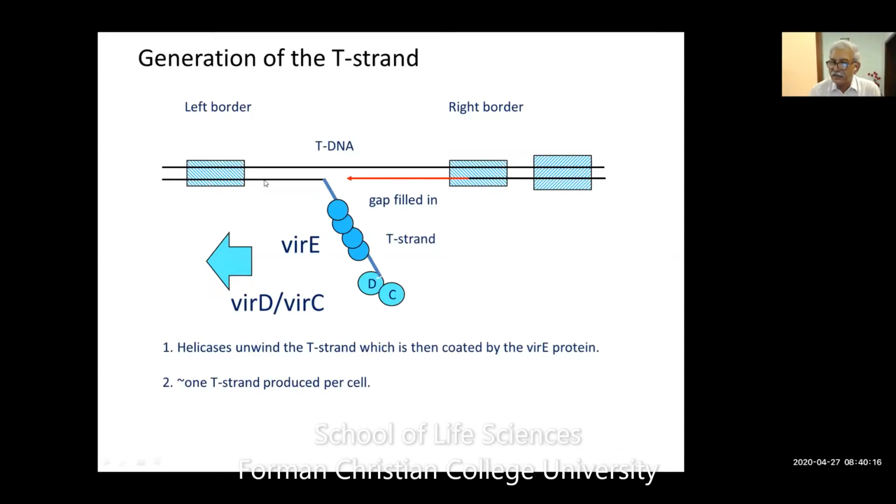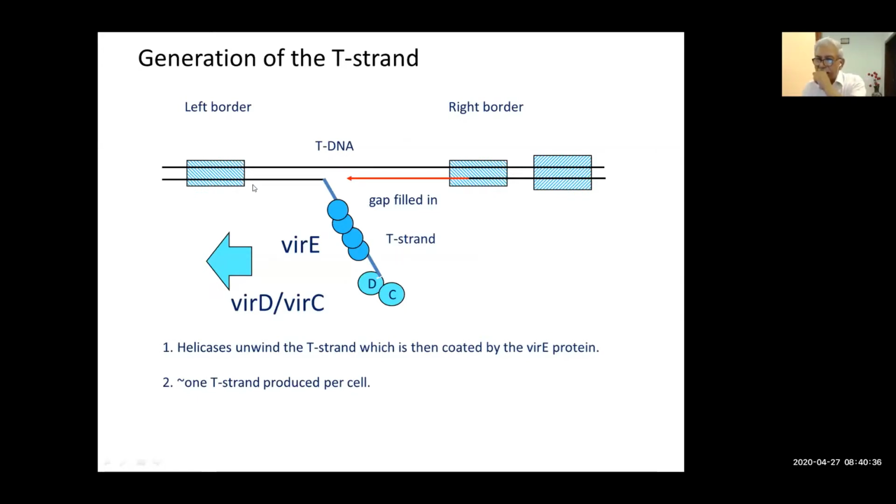And then, when the helicases reach here towards the left border, another molecule of VirD2 comes in and produces a nick 4 nucleotides inside the left border, at the end of the fragment that you have inserted here.